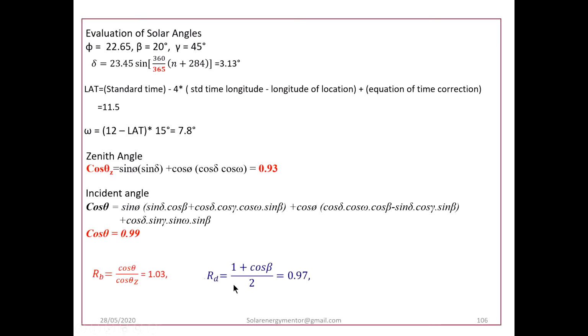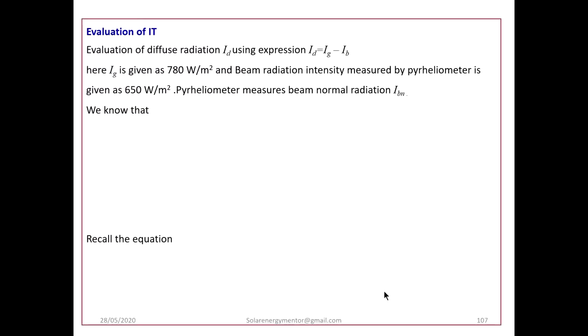Then the tilt factor for diffuse radiation is 1 plus cos beta by 2. Beta is known, so we have this value as 0.97. Then the tilt factor for reflected radiation can be calculated. It comes out to be 0.006. So having known these values, we can calculate the value of IT. Now, evaluation of IT.